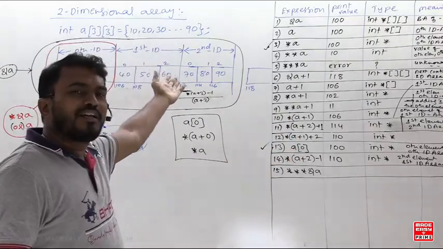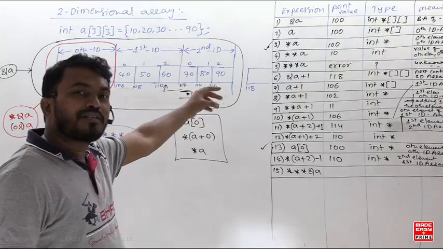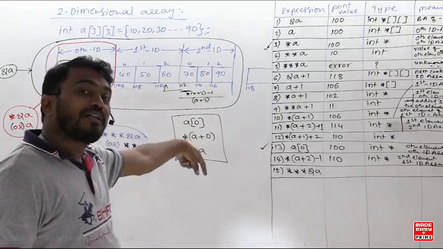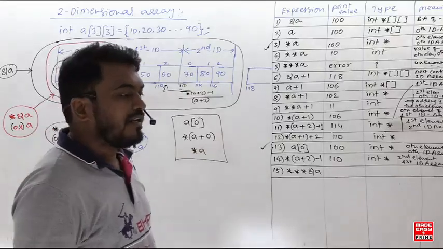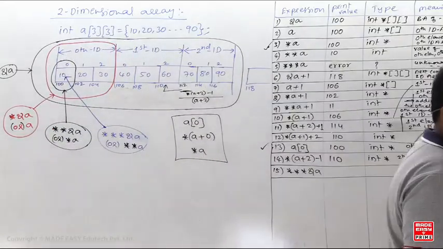Just declare the 2D array and print all that. Just print ampersand A and simply print ampersand A plus 1. Whatever you are saying, simply print that. You will understand how it is working.